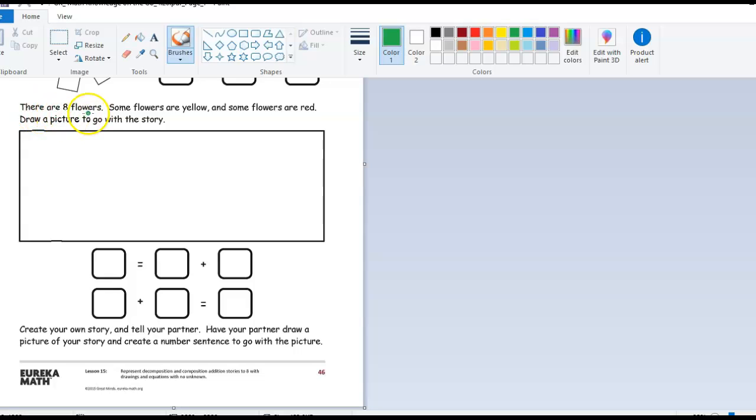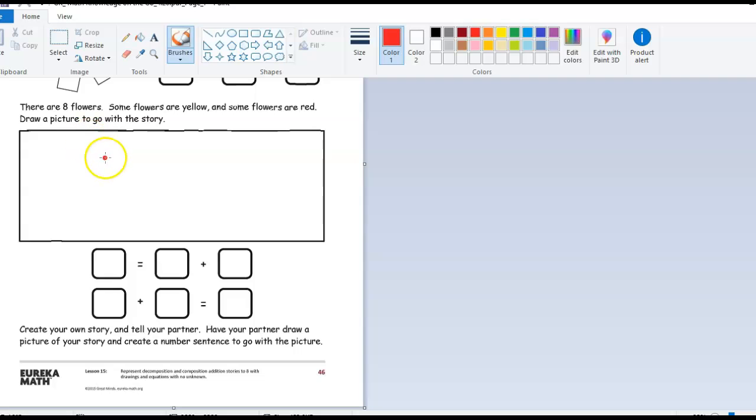On the next part of your homework, I'll read the directions. There are 8 flowers. Some flowers are yellow and some flowers are red. Draw a picture to go with the story. So we know that they want us to draw 8 flowers because that's how many we have all together, right? Yes, right. So you are going to draw 8 flowers. Now remember, some flowers are going to be yellow flowers, and some flowers are going to be red flowers.